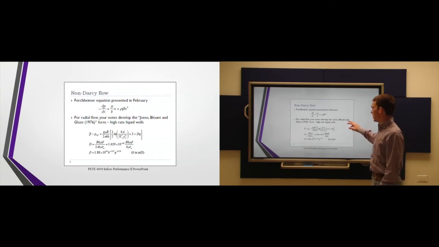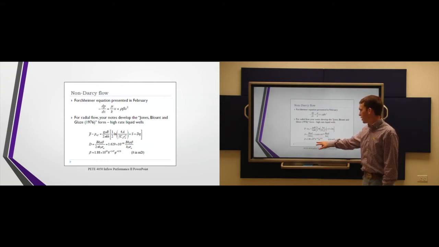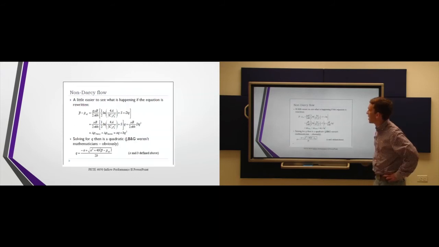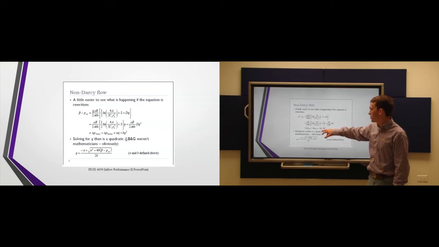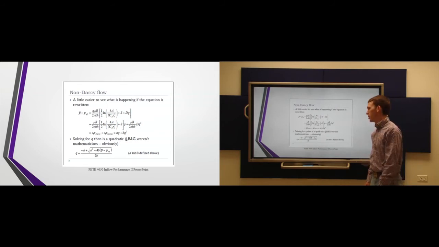Jones, Blount, and Glaze used this equation to solve for yet another formula for the Forchheimer coefficient. It's a little easier to see what's happening if it's rewritten as average pressure minus pressure of formation equals a coefficient A times Q plus coefficient B times Q squared. Then you can just use this quadratic equation to solve for your flow rate.